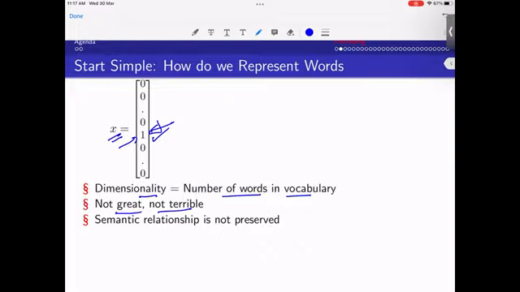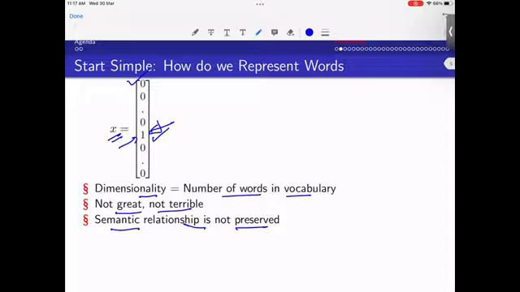The difference between a word and its synonym is the same as the difference between the same word and its antonym, or even some indifferent word. That is what we mean when we say the semantic relationship is not preserved.